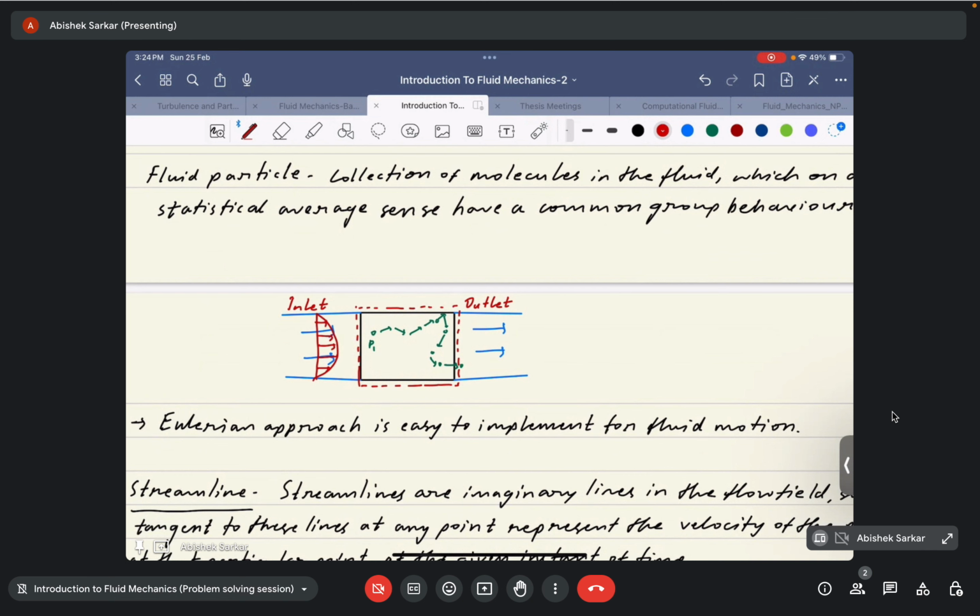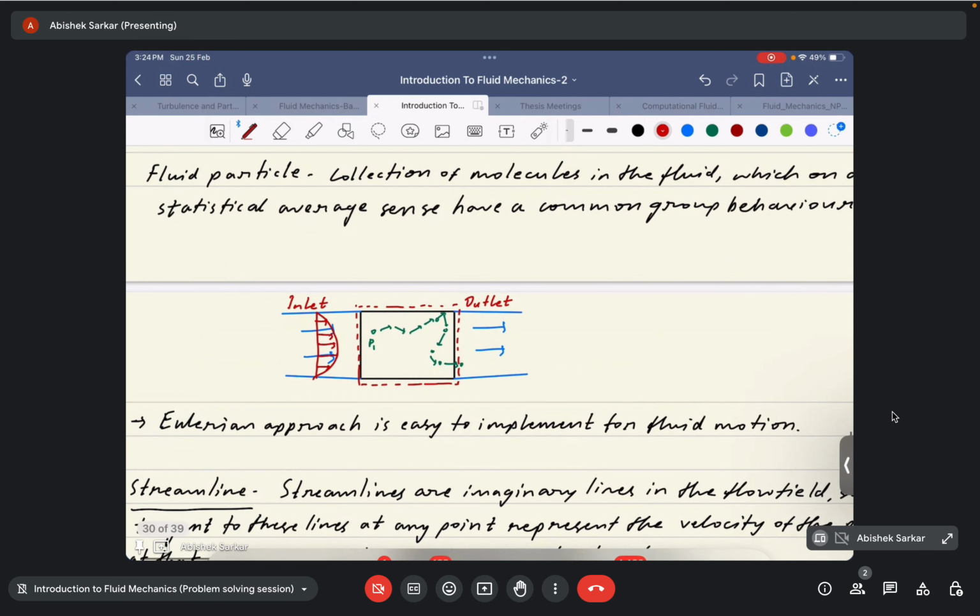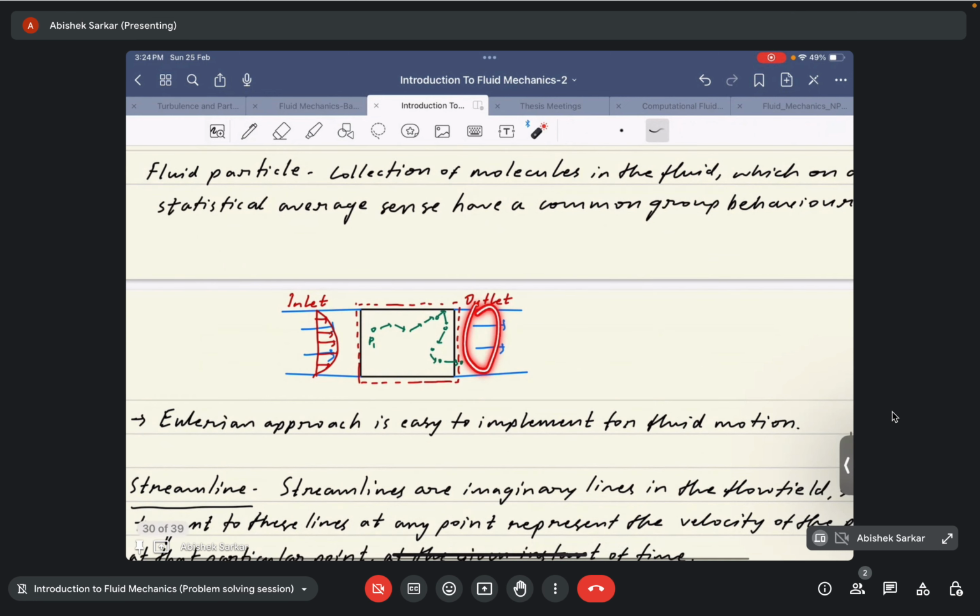It can be anything, but I'm just saying for now I know that the incoming stream has a parabolic velocity profile, and if we know that, we can apply mass conservation to know how the velocity is going to change at the outlet, right, and then finally use the momentum conservation to in fact get the pressure also. Okay, so this is the concept that is being used in the case of the Eulerian approach.